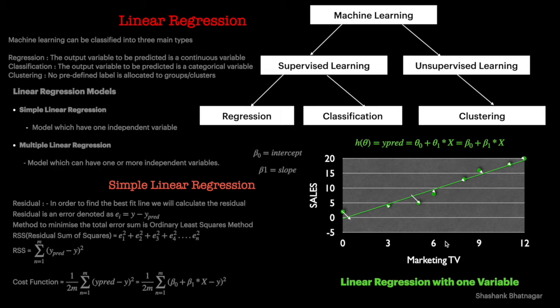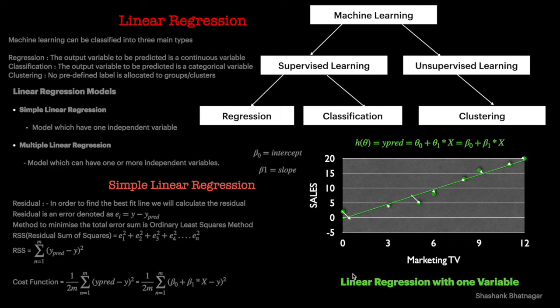A simple linear regression problem can be written as h theta, which is the predicted value y pred, equals theta naught plus theta 1 into x, and can also be denoted as beta naught plus beta 1 into x. If you look into various blogs, you will find different notations for that, but all in all they are the same.